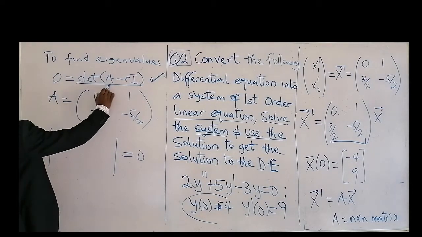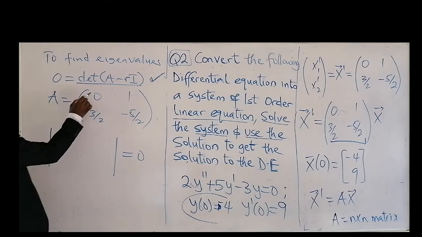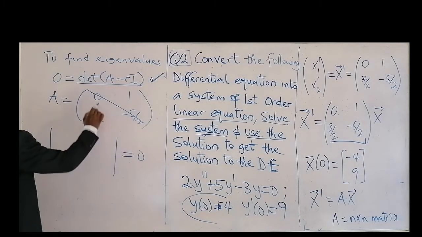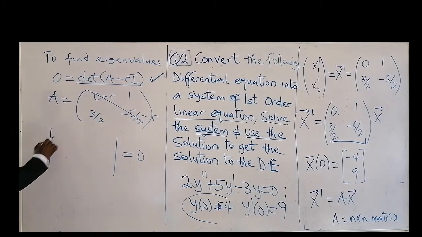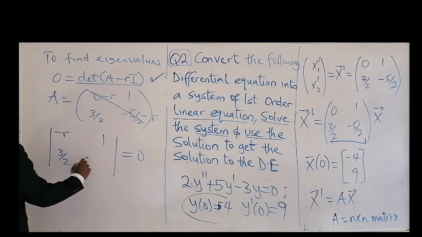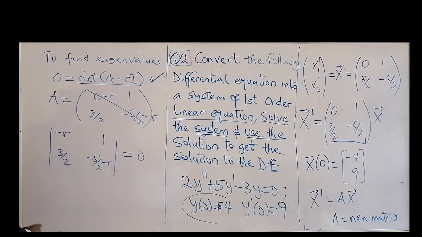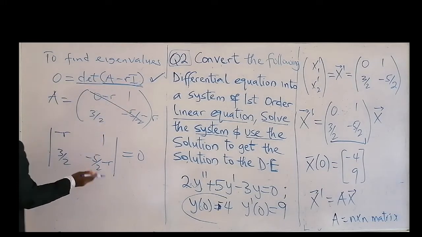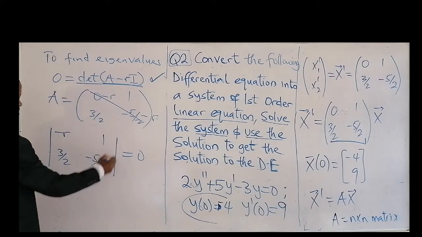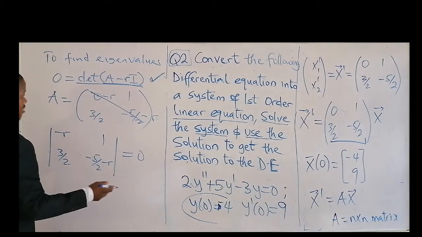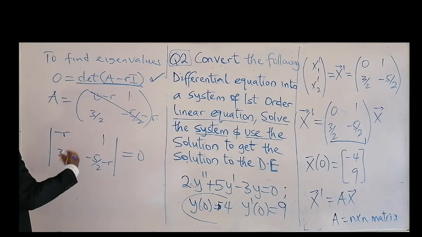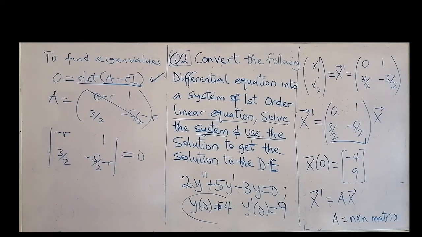The expression here is the leading diagonal, minus r, and minus this: 1, 3/2, minus 5/2 minus r. So the leading diagonal is the one that changes; the other elements in the matrix remain constants.